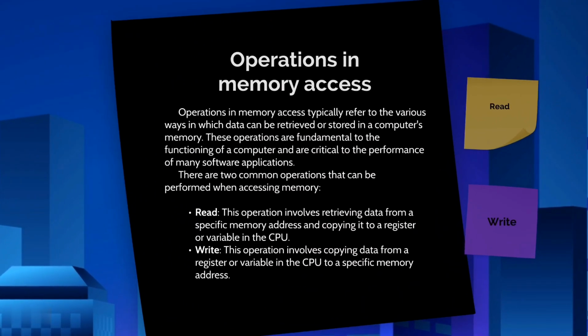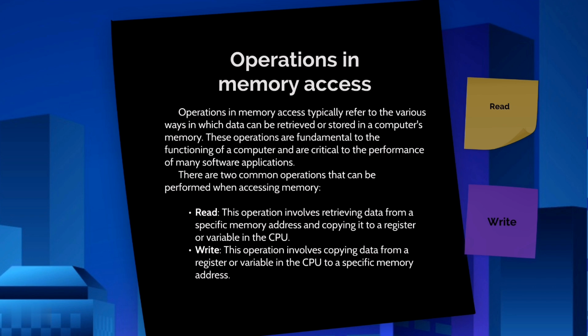Operation in memory access. Operation in memory access typically refers to the various ways in which data can be retrieved or stored in a computer's memory. These operations are fundamental to the functioning of a computer and are critical to the performance of many software applications. There are two common operations that can be performed when accessing memory: the read operation and the write operation.